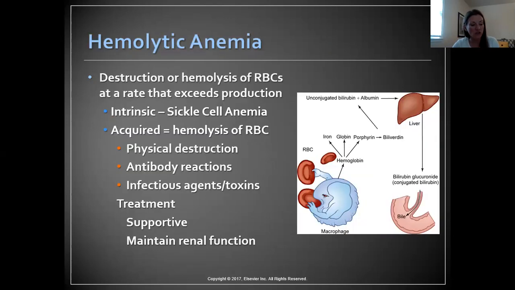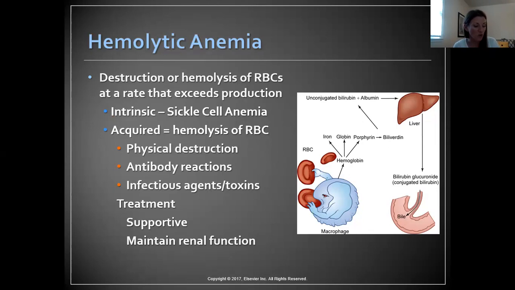Hemolytic anemia is due to destruction, or hemolysis, of red blood cells at a rate that exceeds production of red blood cells. The cause can be intrinsic or extrinsic to the red blood cells. Intrinsic hemolytic anemias are usually hereditary, resulting from defects in the red blood cells themselves.